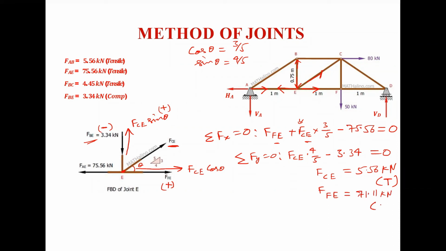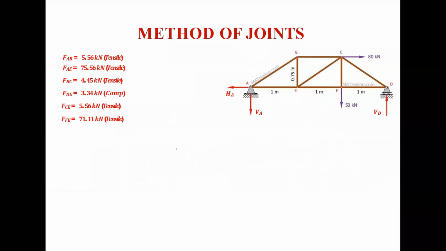So its nature will be, यहाँ हम लोग, we are getting positive value, that means our assumed direction of FFE is correct, and ये क्या, टेंसाइल, so we will get here tensile force, correct. So we have calculated these many forces.